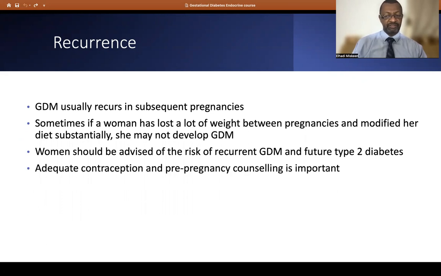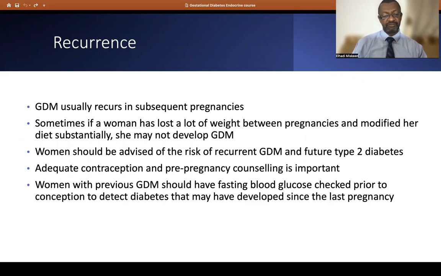Adequate contraception and pre-pregnancy counseling are important, and women with previous GDM should have fasting blood glucose checked prior to conception to detect diabetes that may have developed since the last pregnancy.